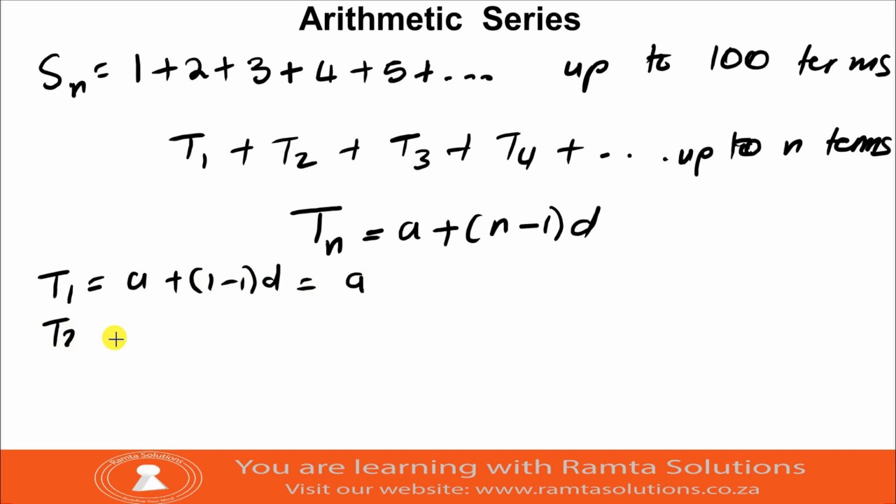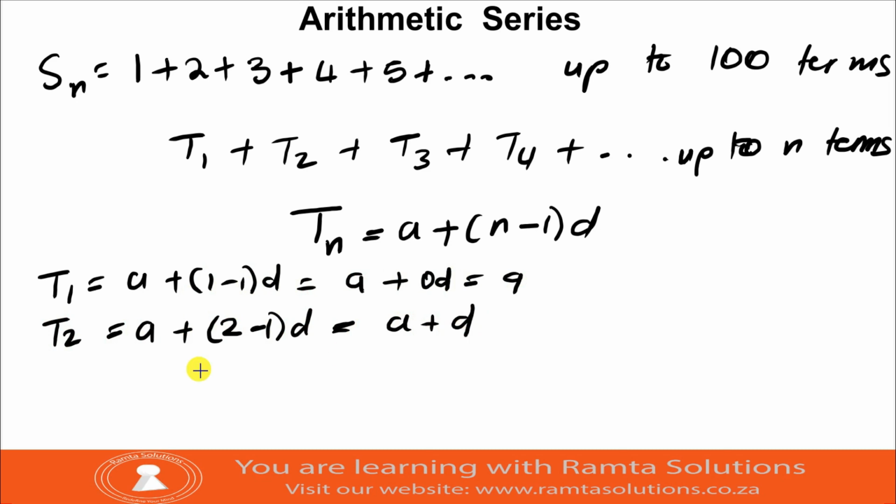Term 2 would be a plus 2 minus 1 times d, which is a plus d.